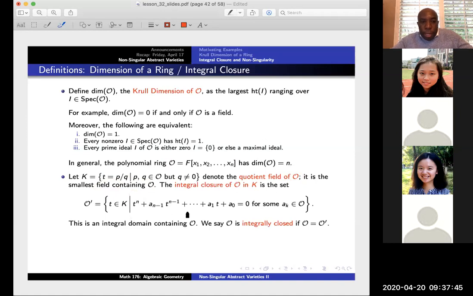We're going to define the integral closure of O in K as the following set.